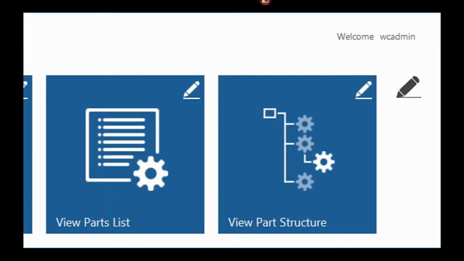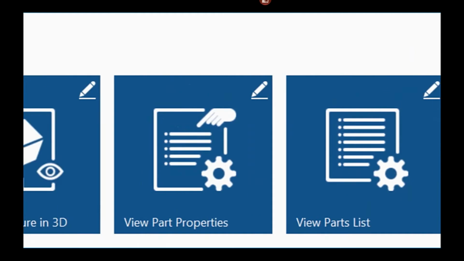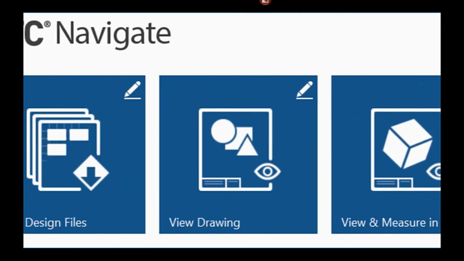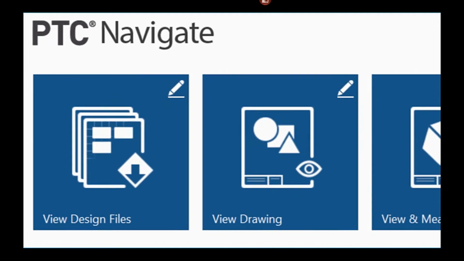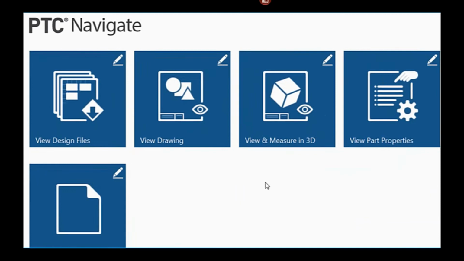So let me give you, I'm just going to run through a little video here that shows you a collection of these apps that we provided that address some of these needs. So if you look at what we're showing here, it's a collection of apps for viewing drawings, for viewing parts, for acquiring design files that are simple to use, that don't require any training.